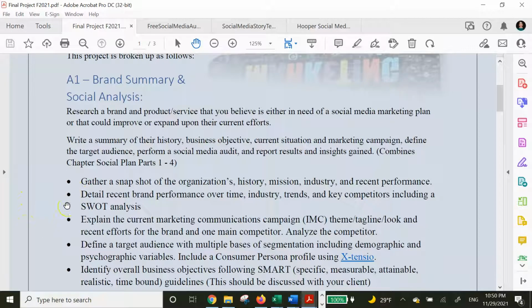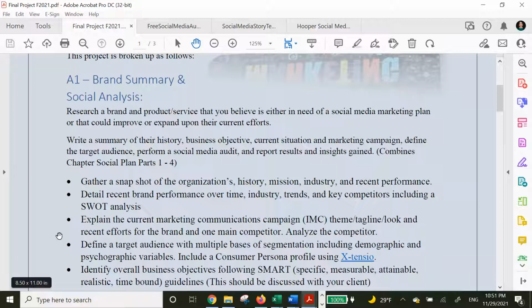You're going to conduct a current SWOT analysis because, as you know, the SWOT analysis always looks into a moment in time of the company. So basically what you're going to do right now is just see what is going on with the company at this moment. You're going to explain what is the current IMC campaign for the company, if there's any.